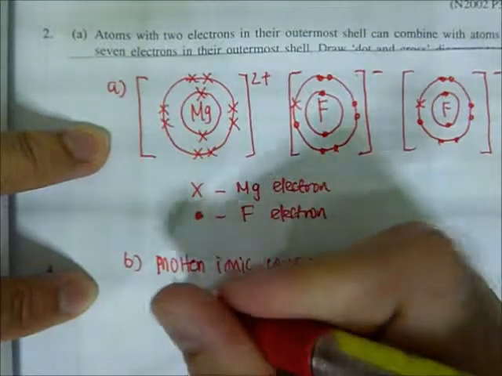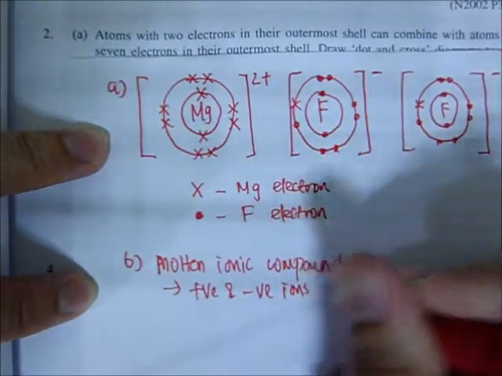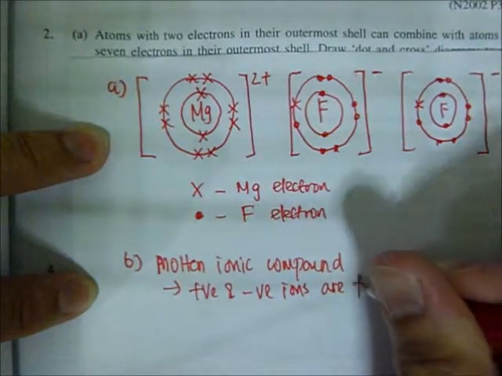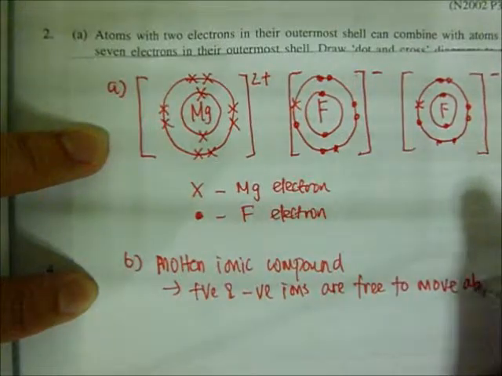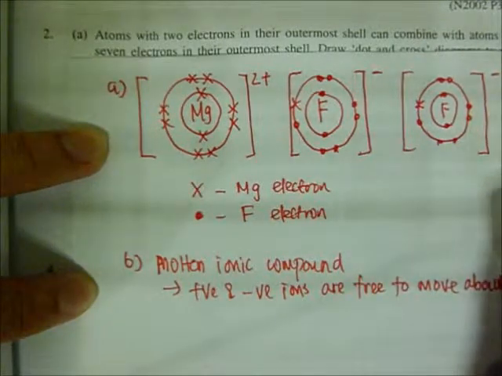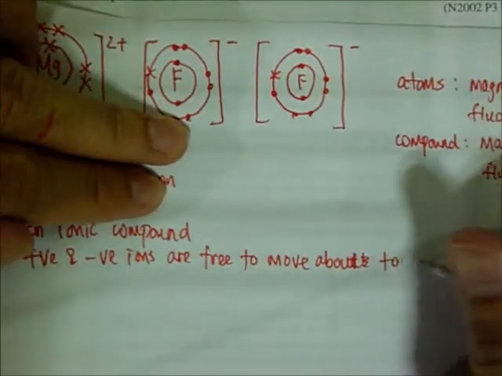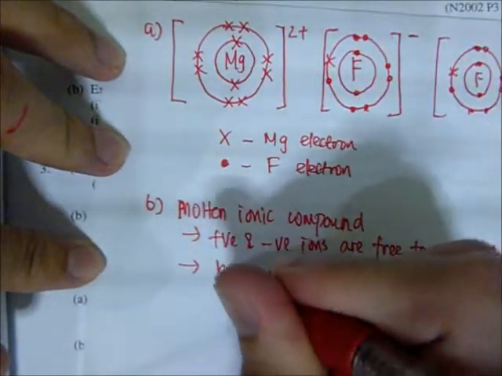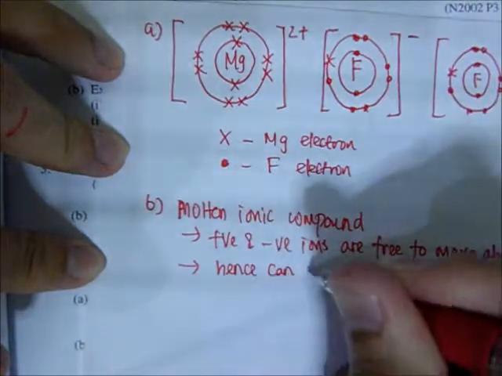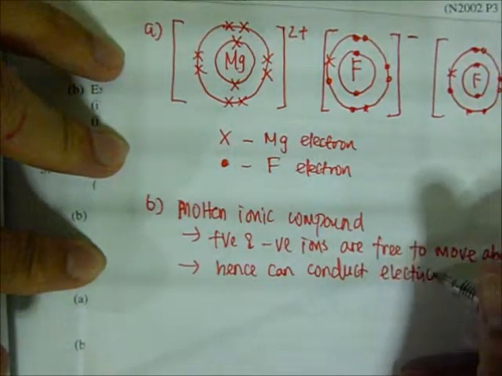In molten ionic compound, the positive and negative ions are free to move about, to carry charges. Okay, and hence they can conduct electricity.